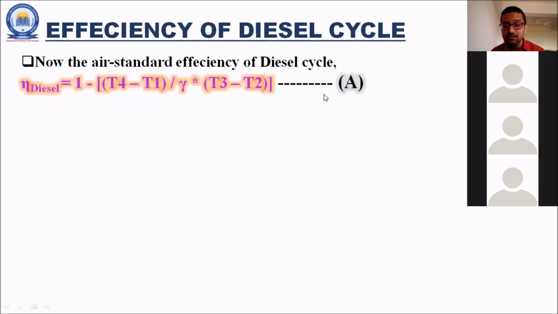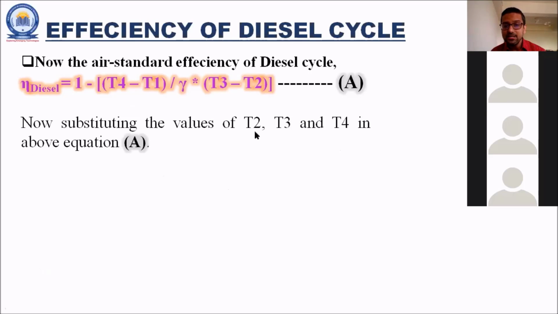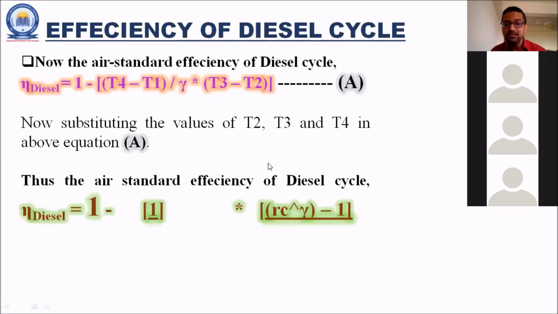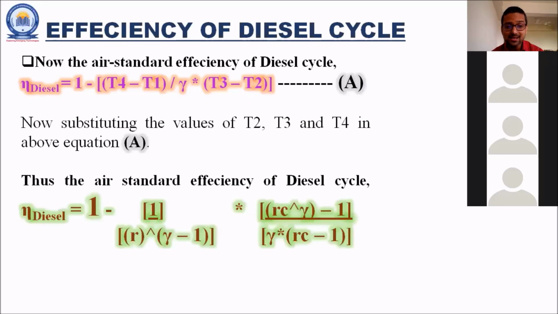That is equation A. Now substituting the values of T2, T3 and T4 in the above equation A. After substituting these values and rearranging the terms, the final answer comes out for the air standard efficiency of the diesel cycle.